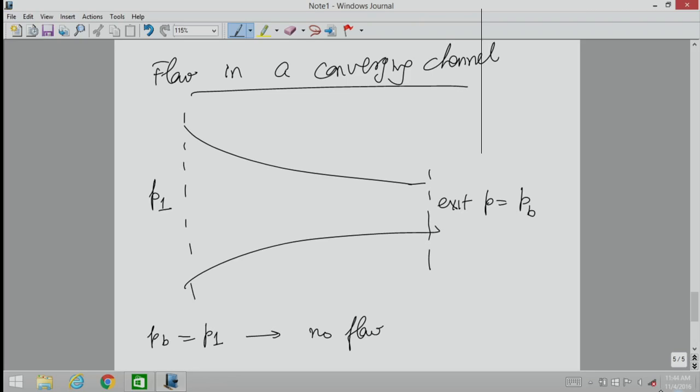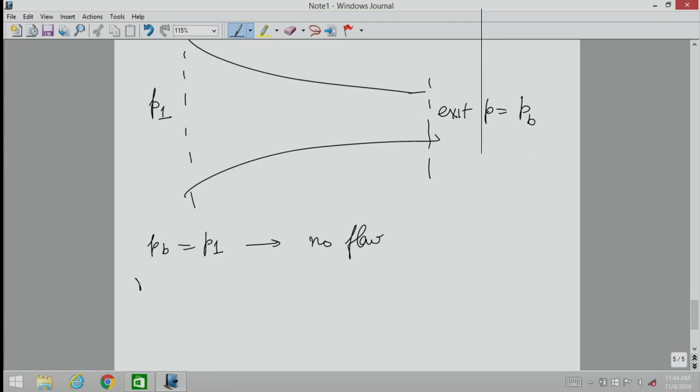Then what you do is you start to reduce PB. You reduce PB, the flow starts. That means PB upon P1 less than 1 will start the flow.